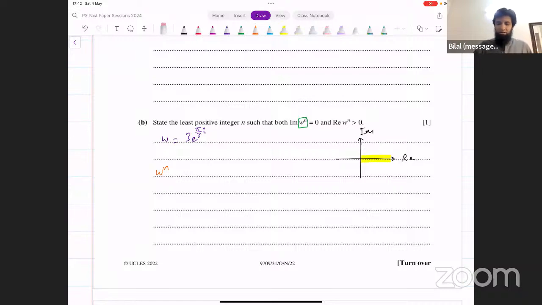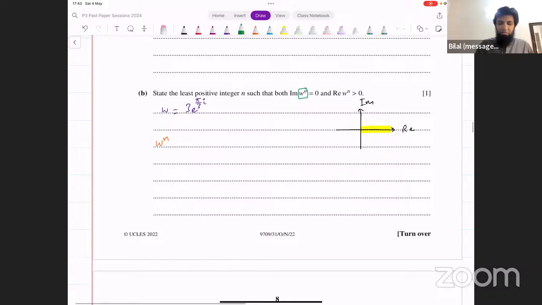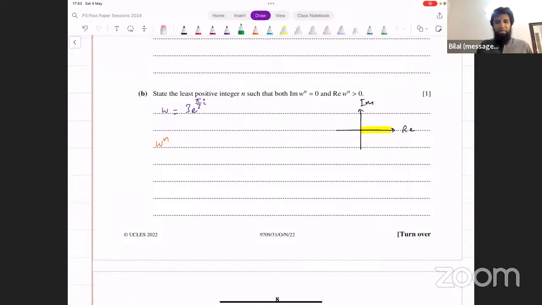Now, how can w raised to power n be here on this line? What's the argument at this line? What is the argument at this line? Argument at this line is 0, right? How can we have an argument that is 0?